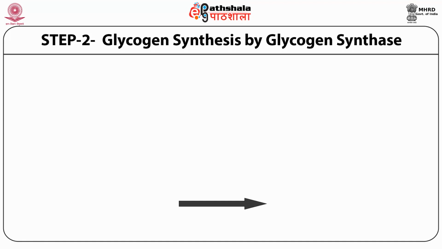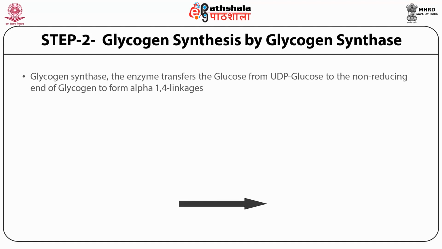Now, in step 2, glycogen synthase transfers the glucosyl residue from UDP glucose to the non-reducing terminal residue of glycogen.